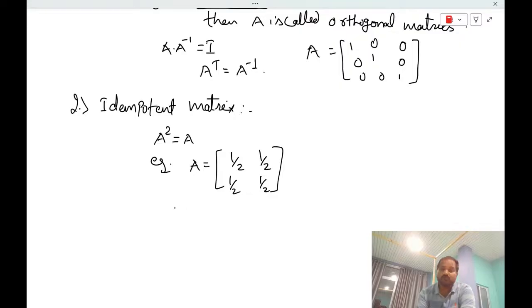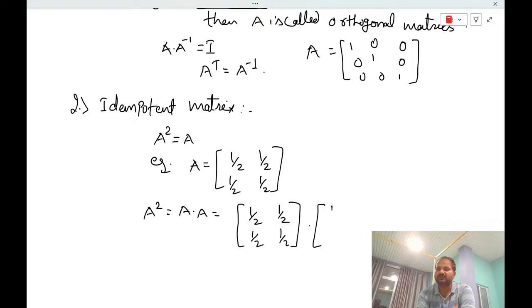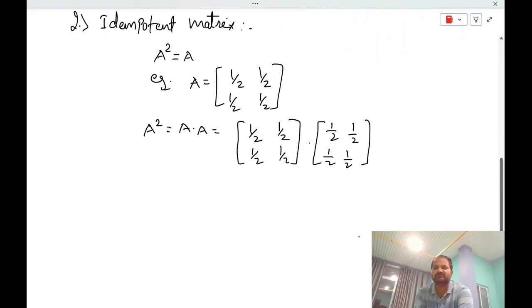Now if I take A square, meaning A dot A, it is half, half, half, half multiplied by another matrix, that is A, 1 by 2, 1 by 2, 1 by 2, 1 by 2. Now it is the multiplication of two matrices.